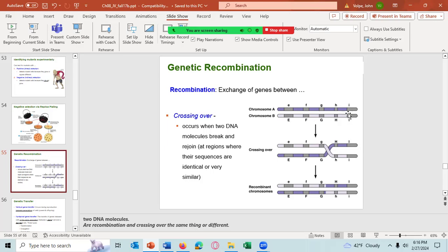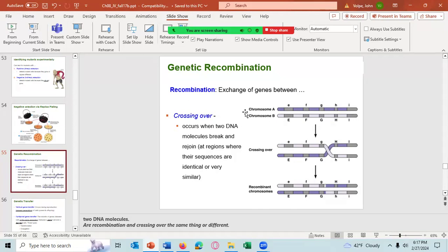And it could be from the father's chromosome, a small region breaking off and then joining to the mother's chromosome, or it could be from another chromosome coming and then joining to the mother's chromosome number B. So that would be an example of recombination that is not involving crossing over. Most cases of recombination do involve crossing over, but not all cases.